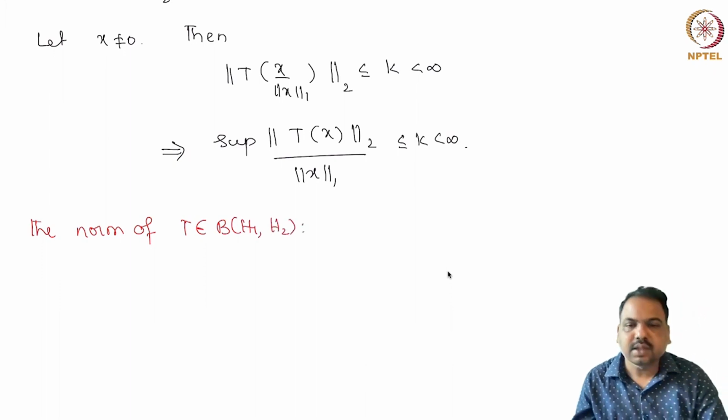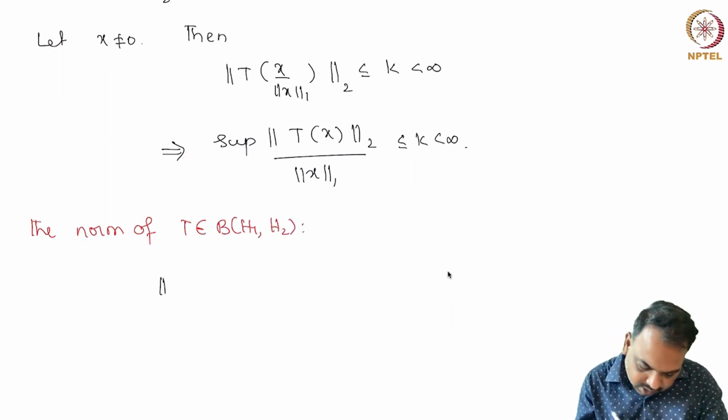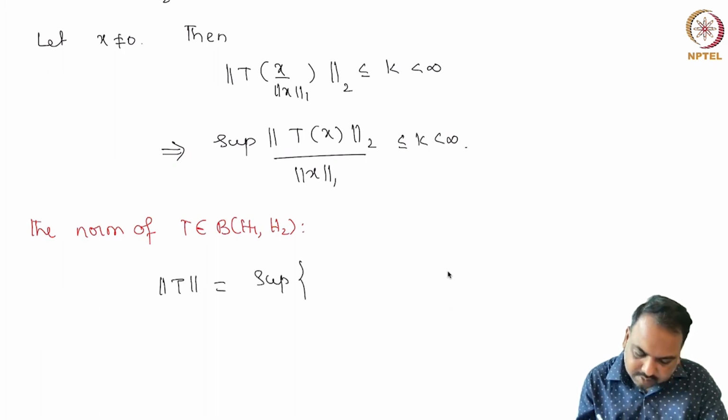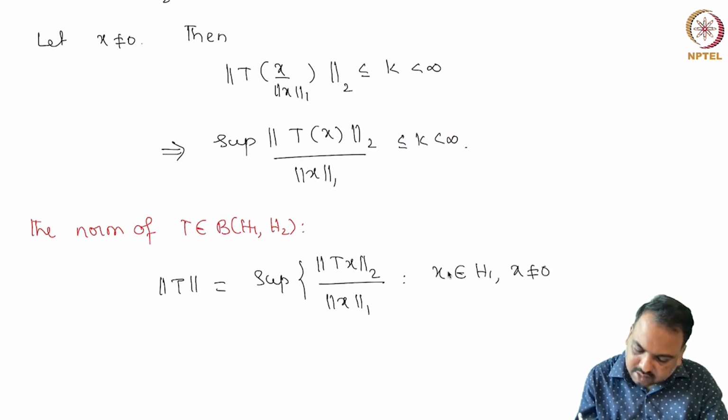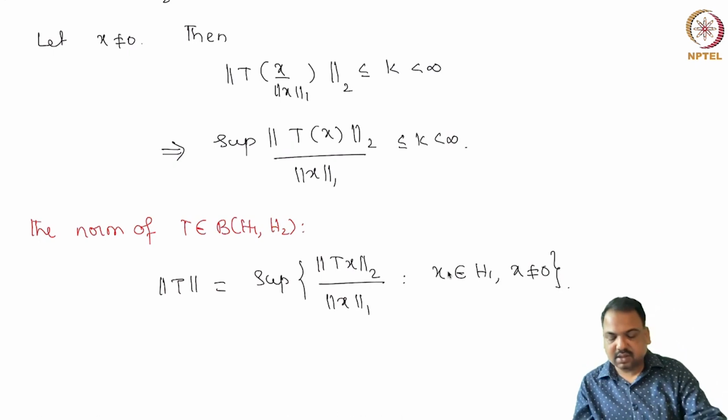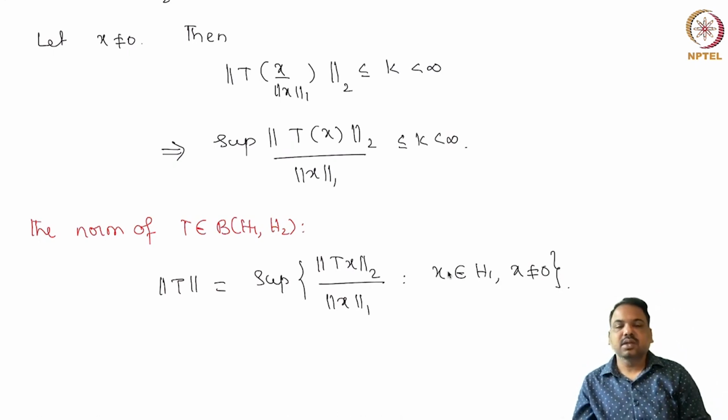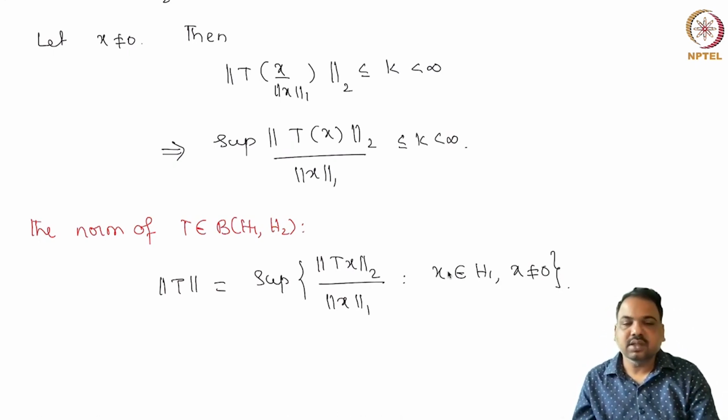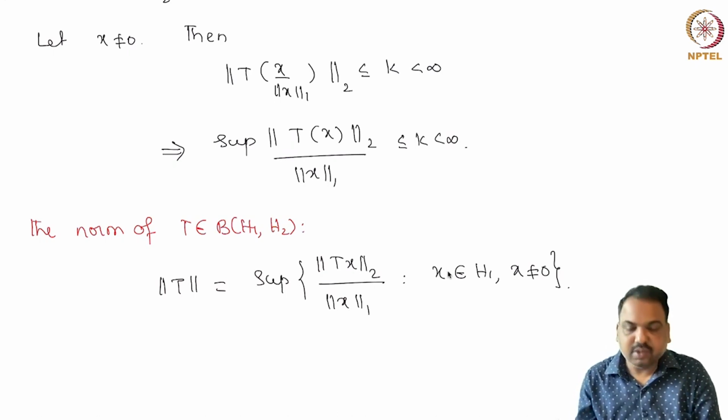It is defined by the norm of T as the supremum of the norm of T(x) by the norm of x, where x is in H1, x non-zero. Whenever x is 0, T(0) is 0, and that is anyway no larger than the supremum.